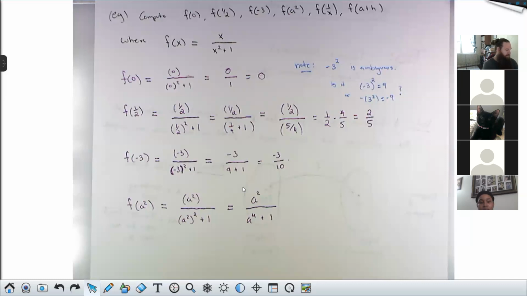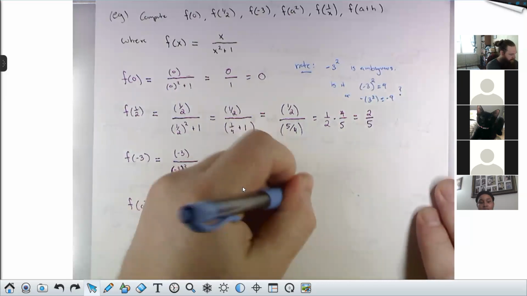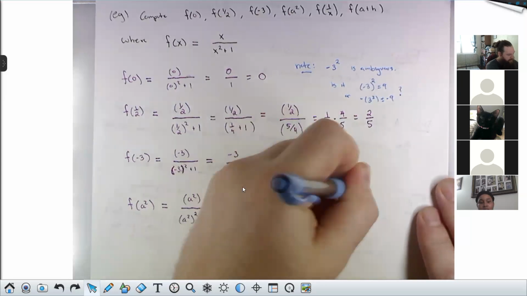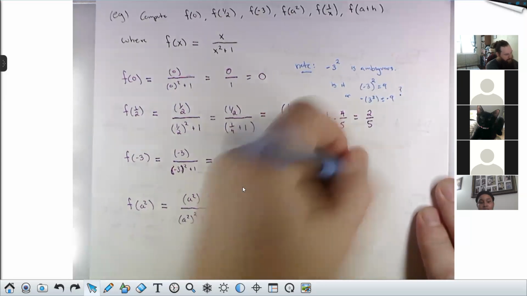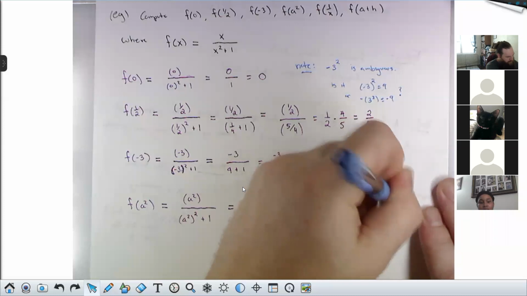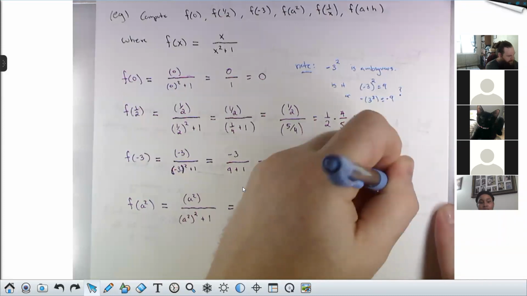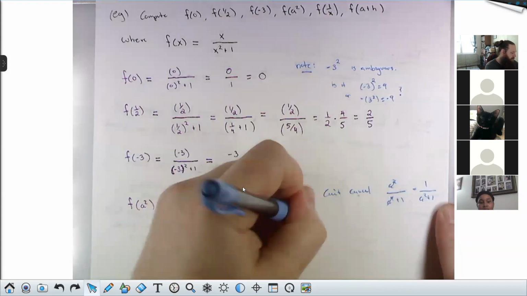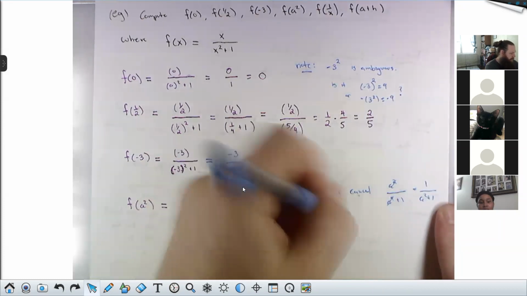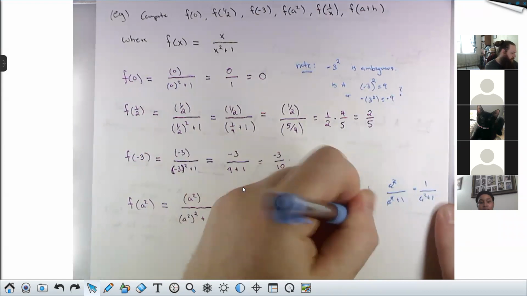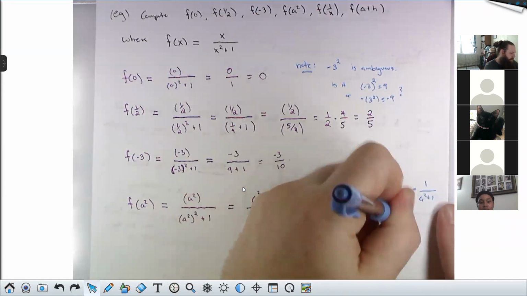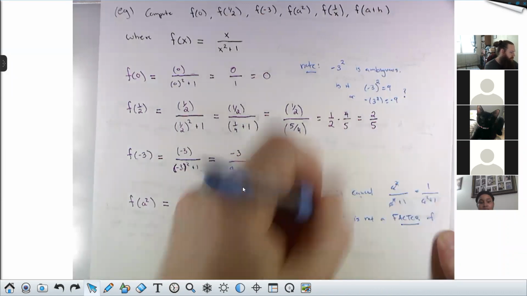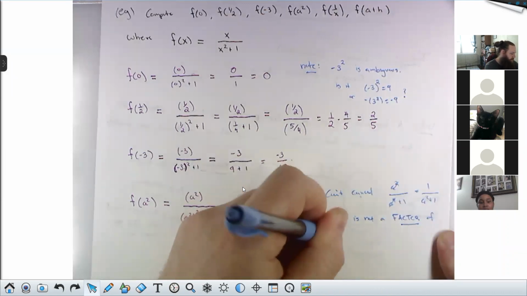So we cannot cancel like this because a squared is not a factor of the bottom, downstairs.